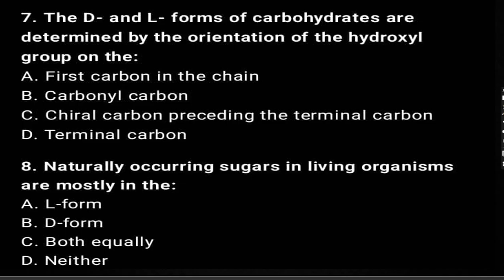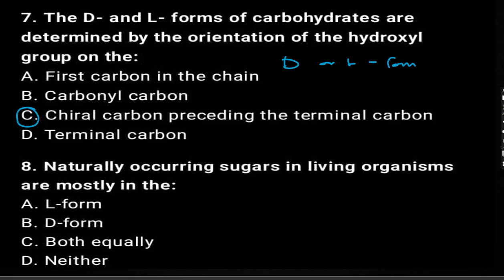Now, the D and L forms of carbohydrates are determined by the orientation of the hydroxyl group on the what? To determine if a carbohydrate is in a D or L form, you need to consider the carbon preceding the terminal carbon.